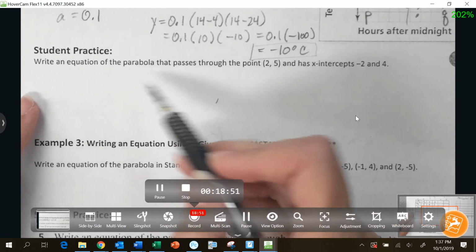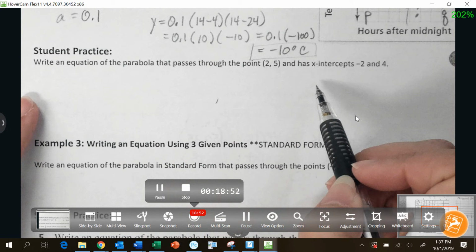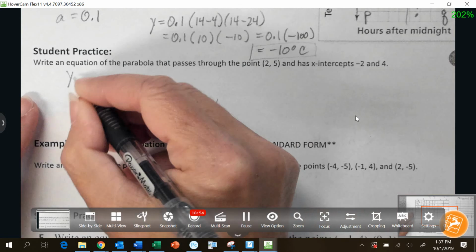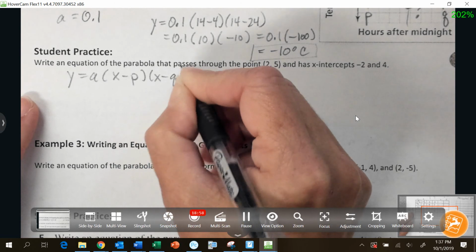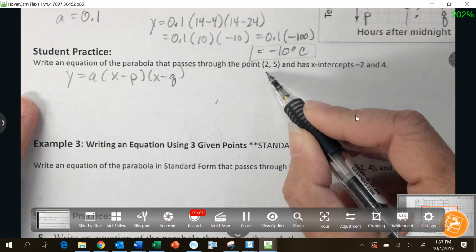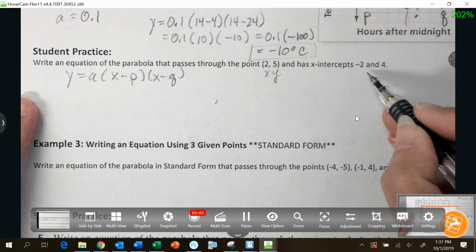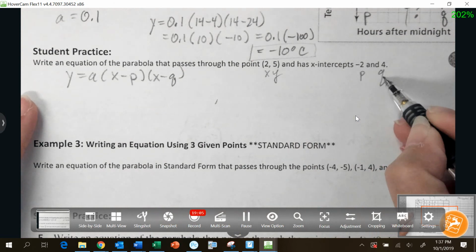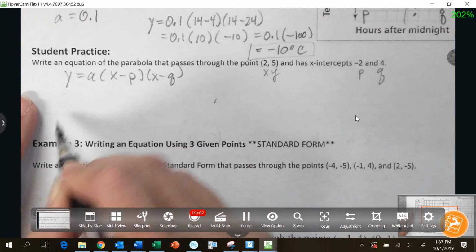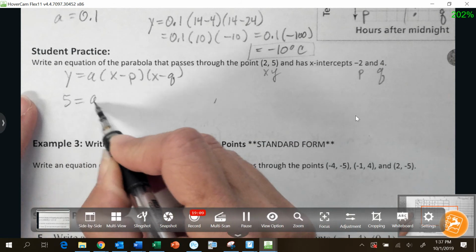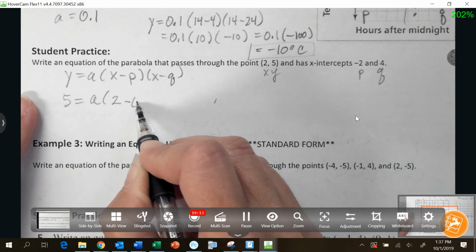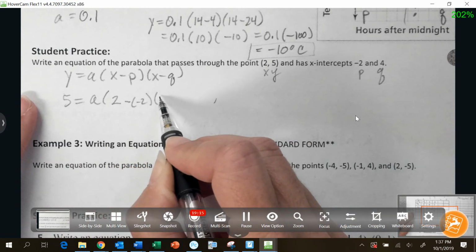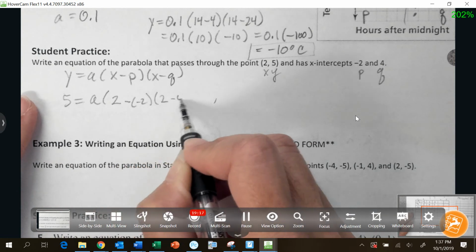Okay, so the student practice, ladies and gentlemen. a times x minus p times x minus q. This point is the x, y, and then over here is the p and the q. So you're going to plug in your y is 5 equals your a you don't know. x is 2 minus negative 2, and 2 minus 4.